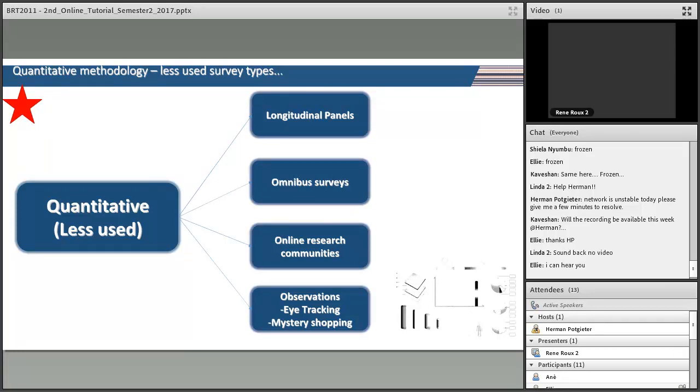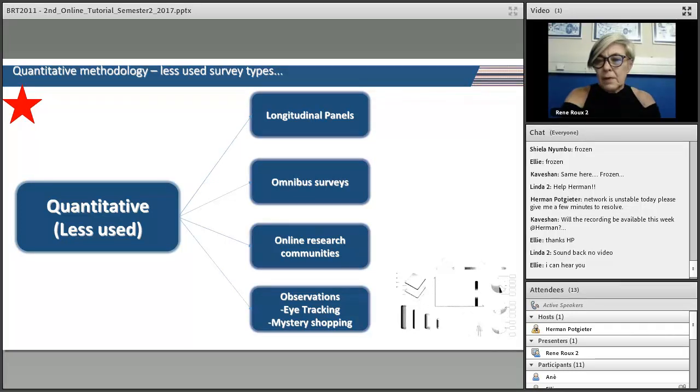Okay. So we have the panel surveys, then we have omnibus surveys. It is really where a research agency does a survey and you buy 2 questions or 3 questions in that survey. You pay only for those 3 questions, and your company gets the data. You don't have access to any of the other questions in that survey.